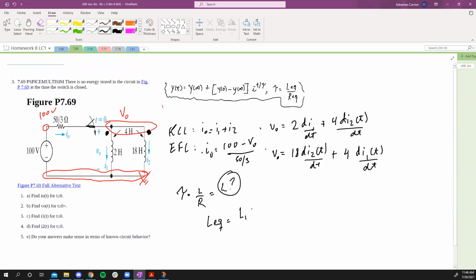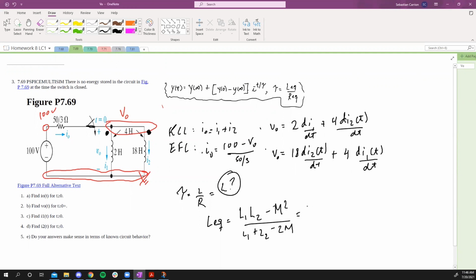So it's going to be L1 times L2 minus M squared over L1 plus L2 minus 2M.